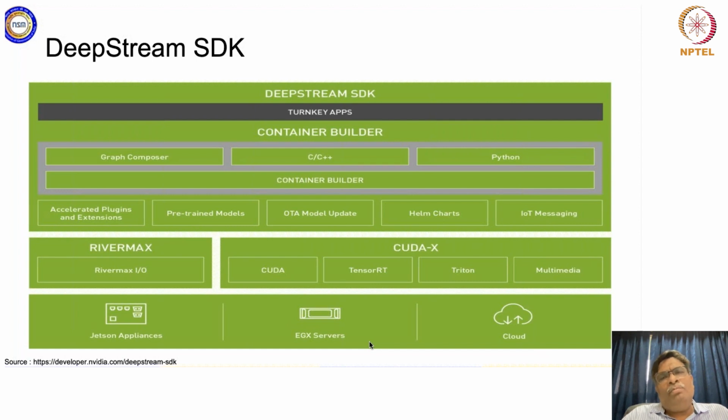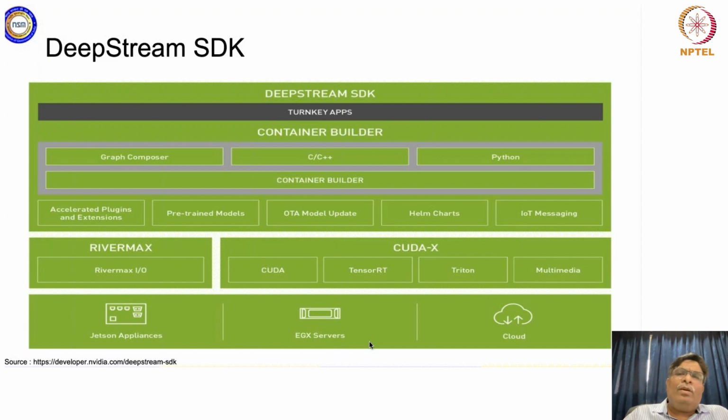Your total DeepStream SDK will have turnkey apps you can develop in your application. You will have Container Builder, and this Container Builder you can use with Graph Composer, or you can develop your applications using C++ or Python.